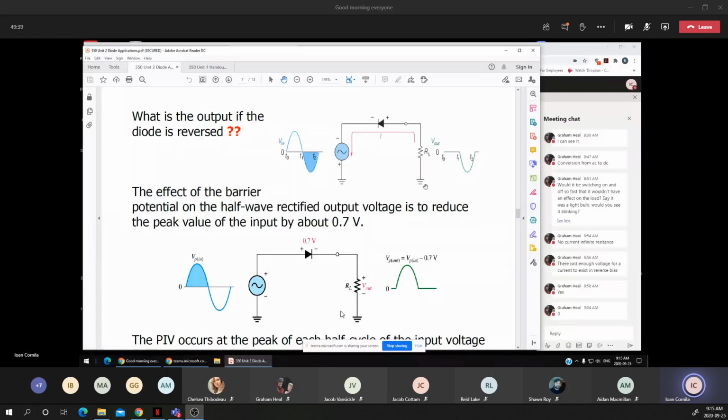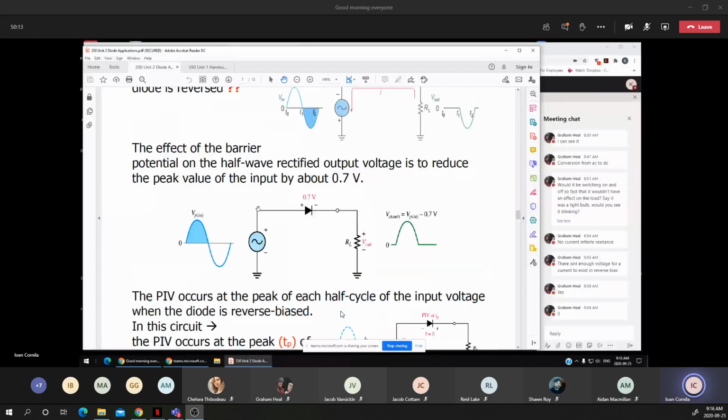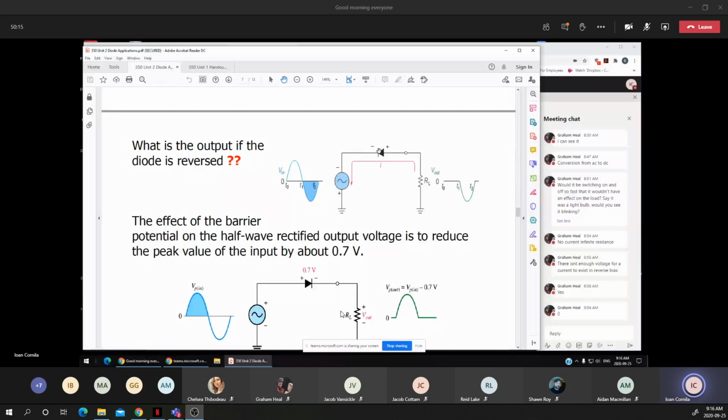Nothing is changed. In forward bias, remember that applying KVL in this loop, the supplied voltage minus the voltage drop across the diode makes the output voltage. Now, make sure that you get the idea about reversing the diode versus the diode in the initial connection, with the anode connected to the voltage source or the cathode connected to the voltage source.